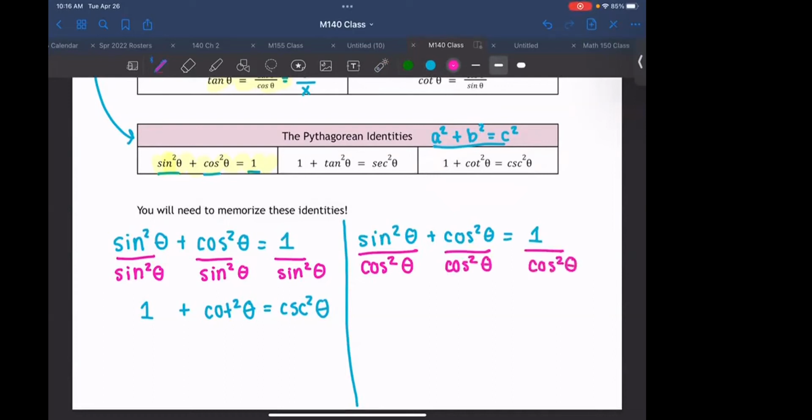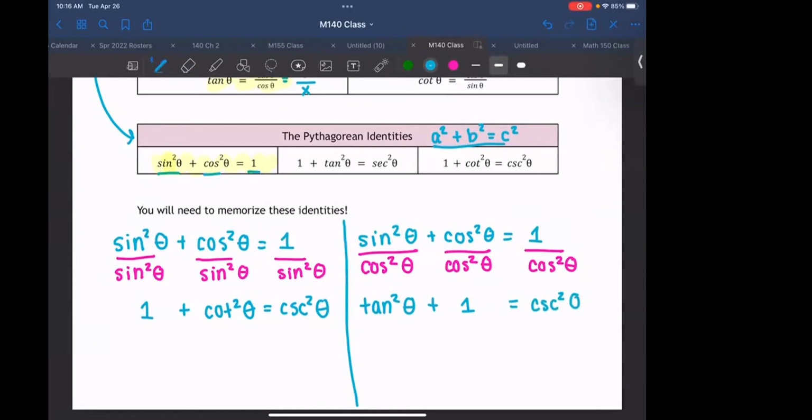Now, what do you think sine squared over cosine squared is? Tan squared, good. What is cosine squared over cosine squared? 1, right? We're dividing something by itself. And what do you think 1 over cosine squared is?